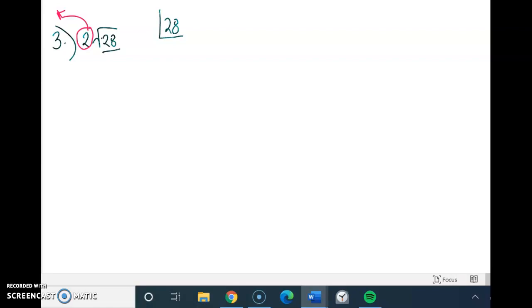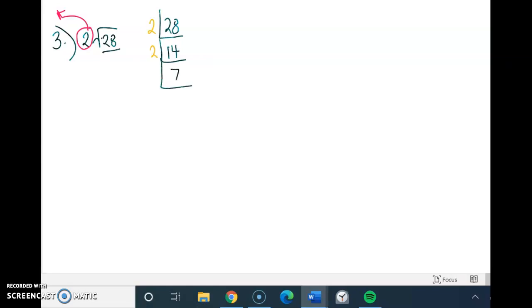So I put 28 at the top step. Then the smallest number that goes into 28, so still using my prime numbers, would be 2. Then I want to do 28 divided by 2, which would give me 14. Then the smallest number that goes into 14 is 2. 14 divided by 2 would give me 7.